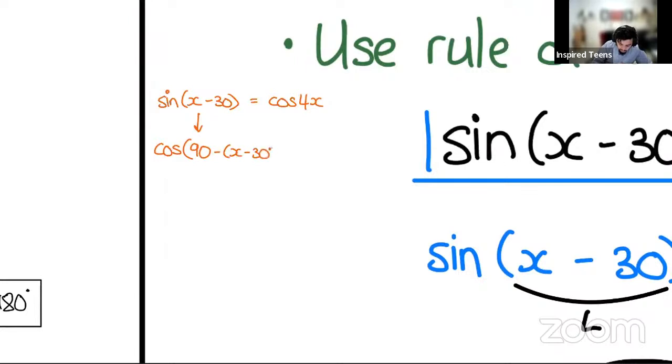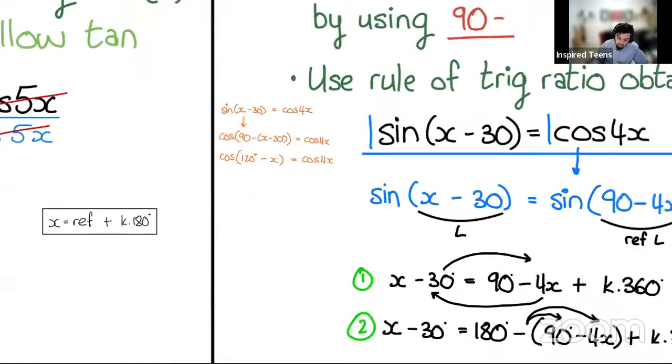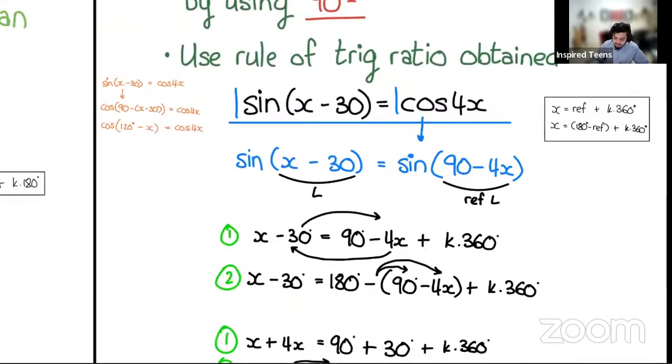If you do not use brackets, you are going to get it incorrect. So 90 minus (x minus 30). 90 minus whatever the angle is, this becomes cos of 90 plus 30, 120 minus x, is equal to cos 4x. And then you solve the same, where you use the first one as your angle, second one as your ref angle, and move on with life.